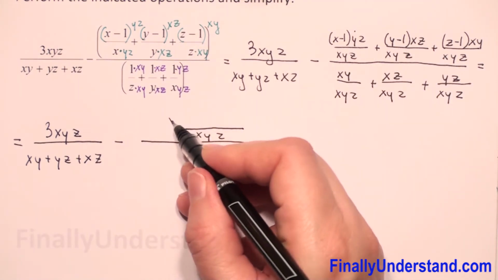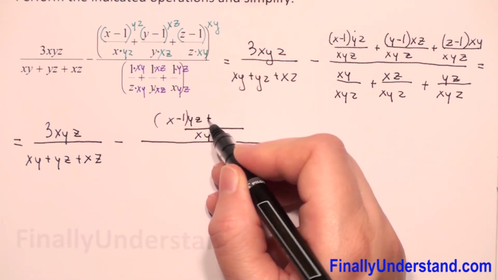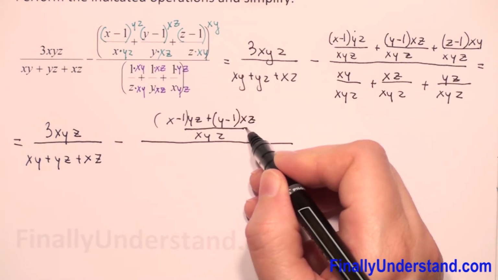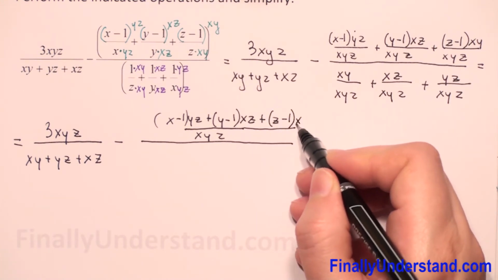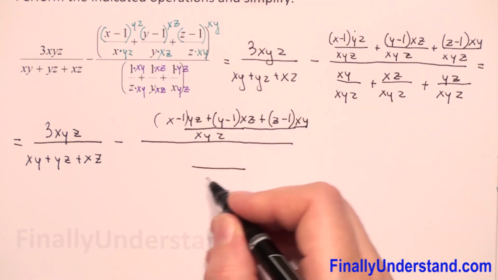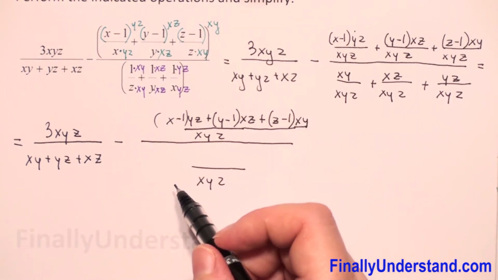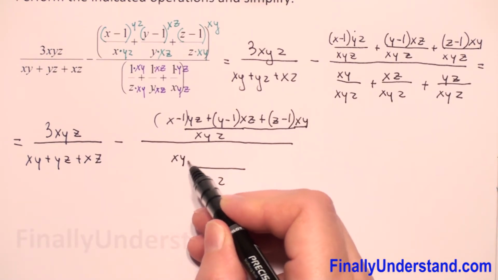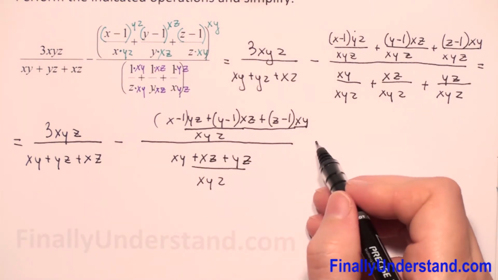So we have x minus 1 times yz plus y minus 1 times xz plus z minus 1 times xy. And in the denominator we have xyz, the common denominator, and now we add the numerators. So it will be xy plus xz plus yz. So this is equal.